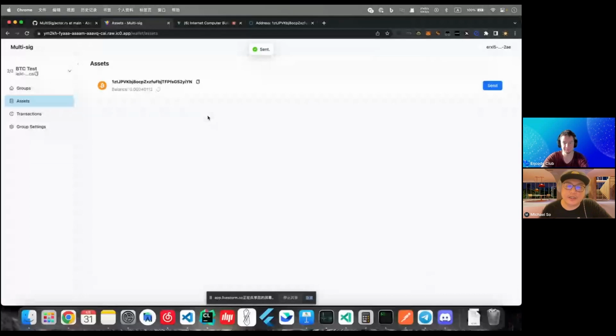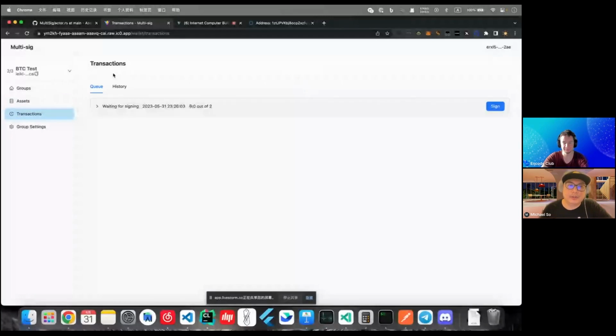However, it's not sending. It's just going to the transaction tab. On this tab, it says we'll be waiting for signing. So I have to sign the transaction. Because the threshold is 2/3, we basically need 2 people to sign this transaction.